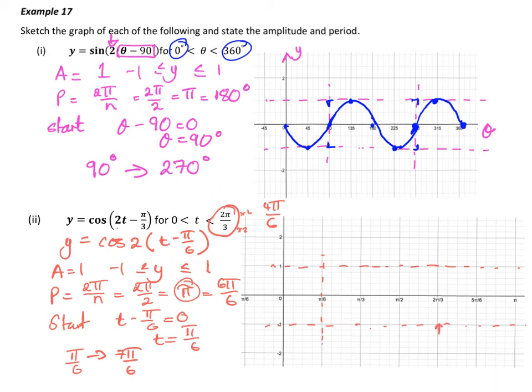So what I might do here is think about half of my graph. So half a cycle would be 3 pi on 6, which would bring me to 4 pi on 6 if I'm going to draw half. So 4 pi on 6 is 2 pi on 3, which is about there. But I only want half of my graph, half of my cosine graph. So what do we know about a cosine graph? It starts up there, and halfway through it drops to the bottom.